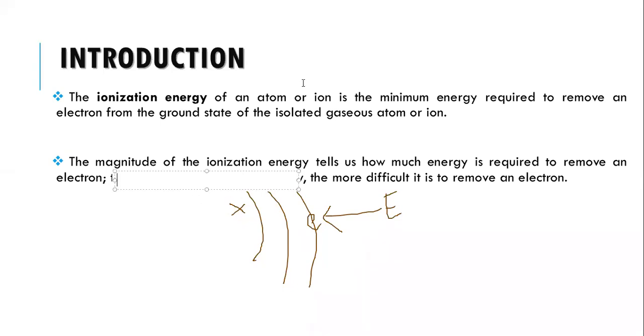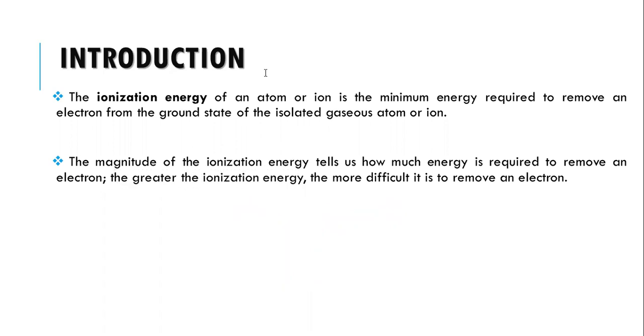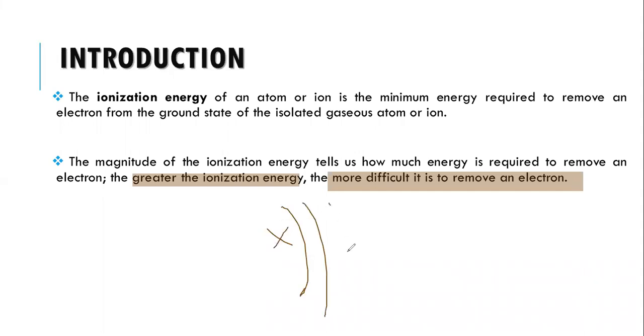The greater the ionization energy, the more difficult it is to remove the electron. This is very important. Why? Just imagine a stable atom, which I just mentioned as 8 electrons. If it is strongly bound, you have to provide more energy. The greater the ionization energy, the more difficult it is to remove the electron.